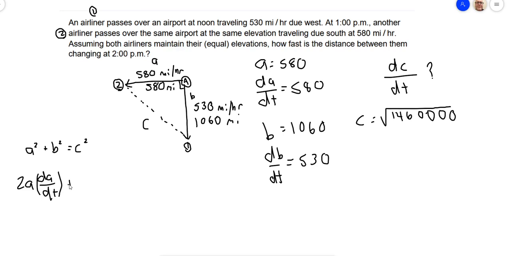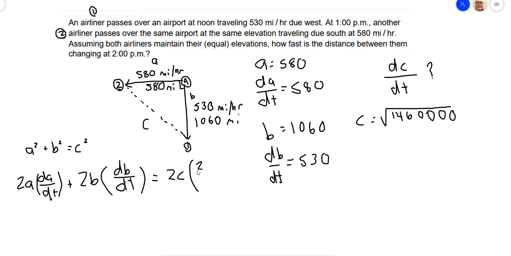All right, plus do the same thing with b, 2b times dB over dt is equal to, same thing, 2c times, oops, that should be a t right there. Let me fix that. It's dB over dt.